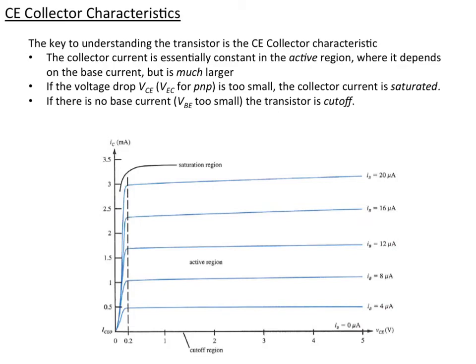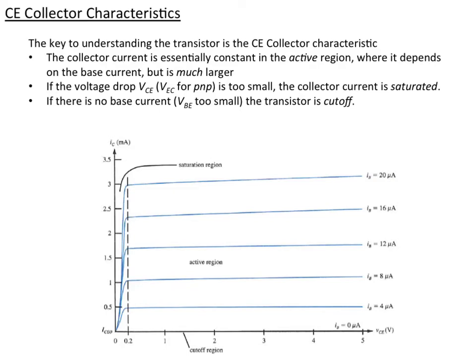The collector current, which almost all goes to the emitter, is very much larger. So notice that if we have a small current of 20 microamps on the base, we have a current of 3 milliamps for this particular case on the collector. So 100 times larger, 150 times larger.